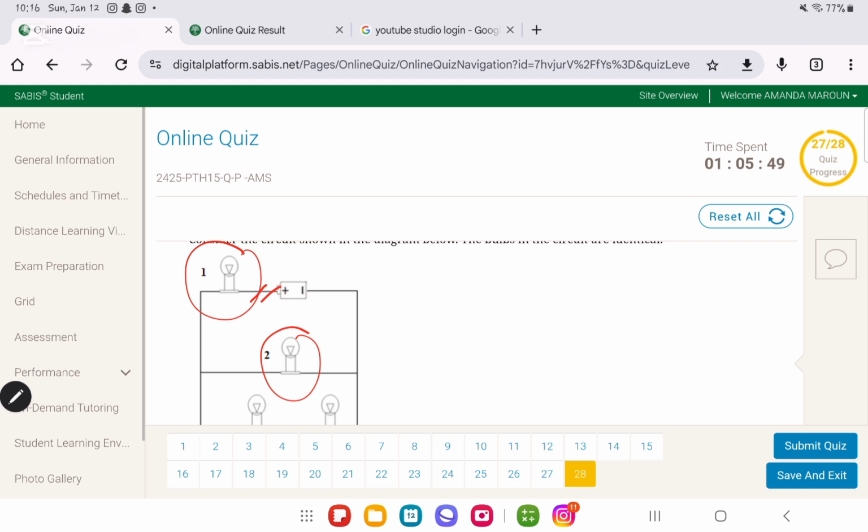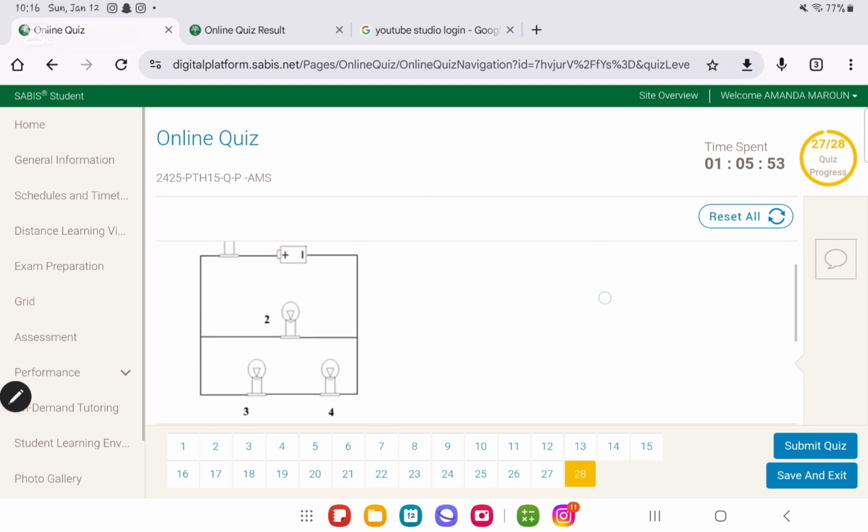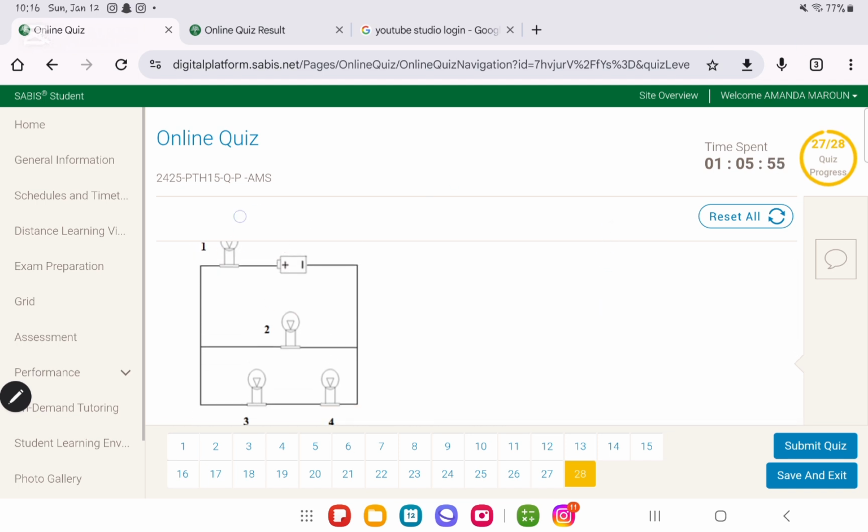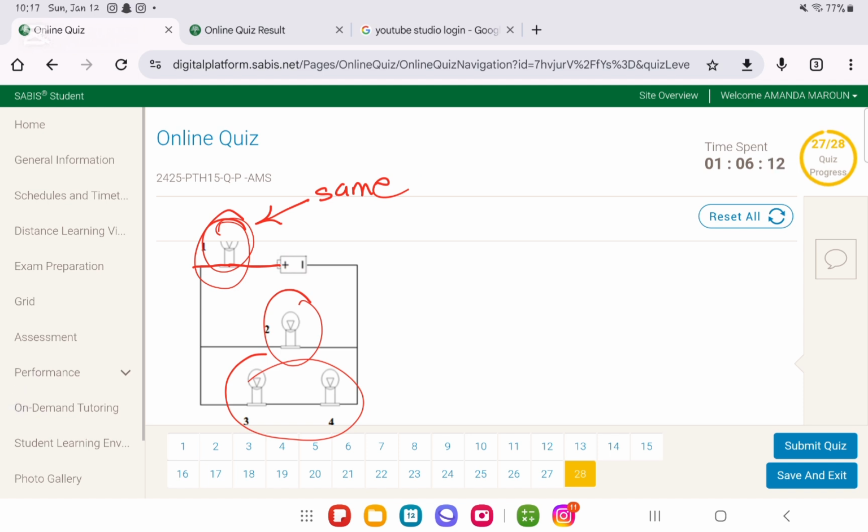But we know that bulb 1 is in parallel with bulb 2 and bulb 3 and 4. So that means the current that will come from here will pass exactly the same through bulb 1. So the same in bulb 1, because so far it's not in parallel with the battery. It's actually in series with the battery. So it's going to pass the same.